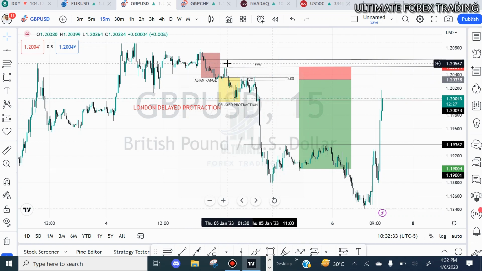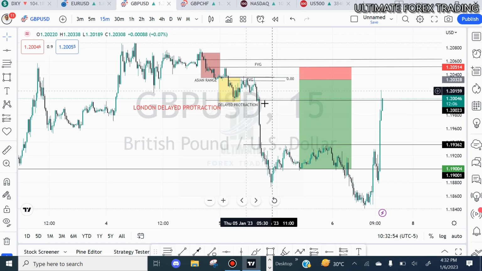And I was really expecting this move here after the 12 midnight to actually trade into this fair value gap, premium fair value gap, and this is where I was planning to sell from. And we couldn't get a tap into this, even though price tried, and it broke market structure.